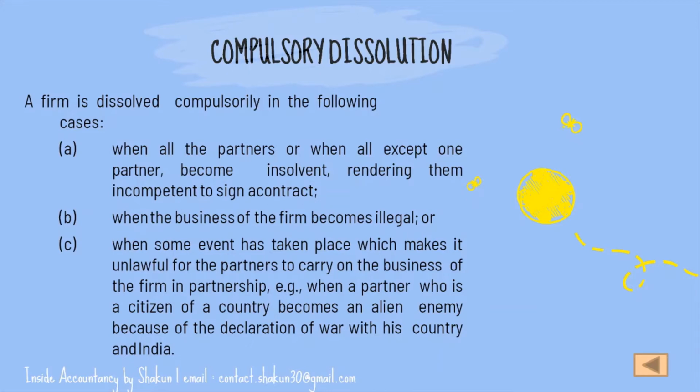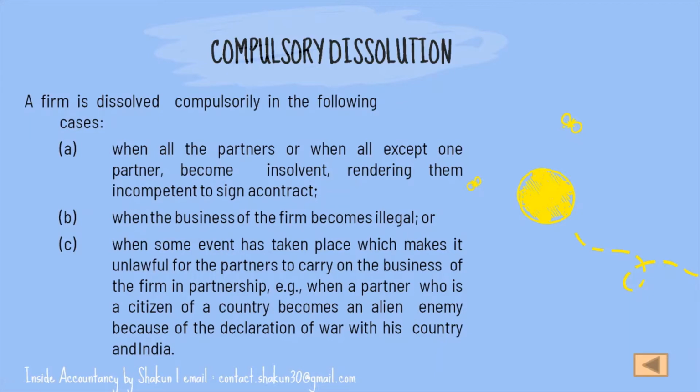The next case is when the business of the firm becomes illegal. If the firm is carrying on an illegal business, then the firm should be compulsorily dissolved in the eyes of the law. The next case for compulsory dissolution is when some event has taken place which makes it unlawful for the partners to carry on the business of the firm in partnership.